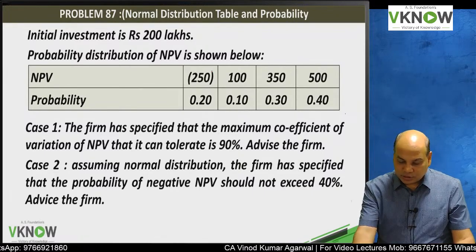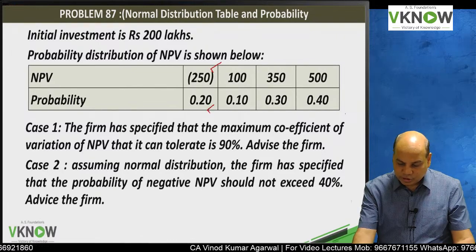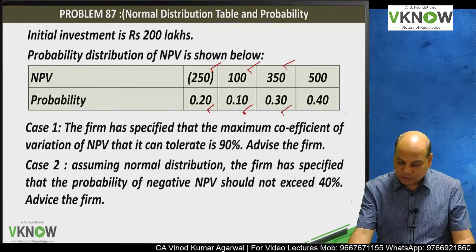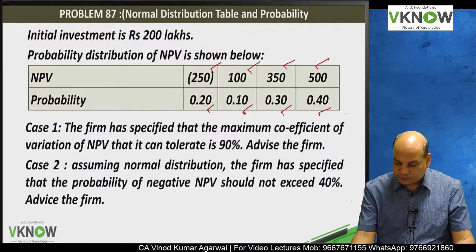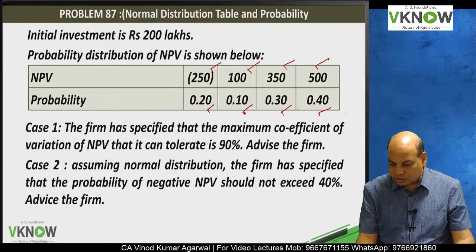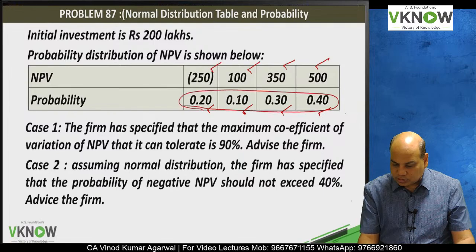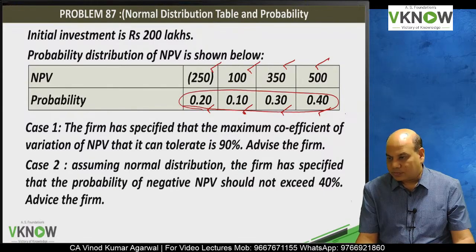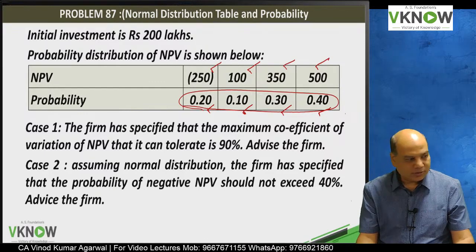NPV can have a probability 0.250, 0.2, 100, 0.10, 350, 0.3, 500, 0.4. Total should be 1, yes, it is telling. So there are 4 possible NPVs with the given probabilities.